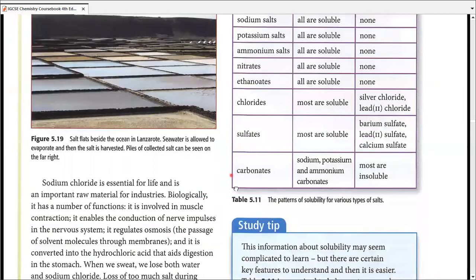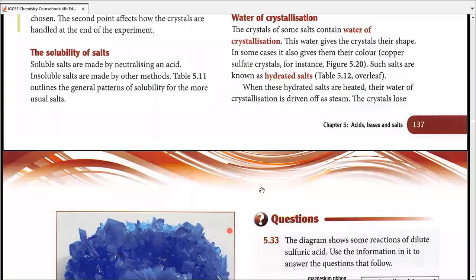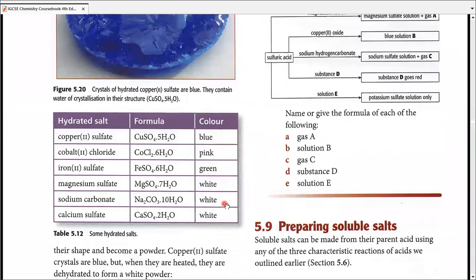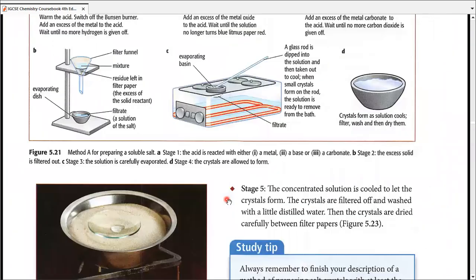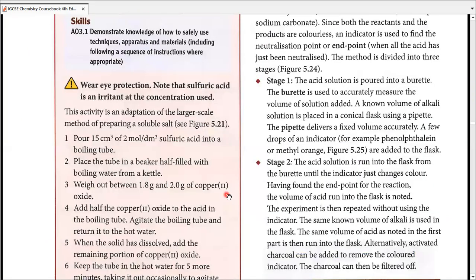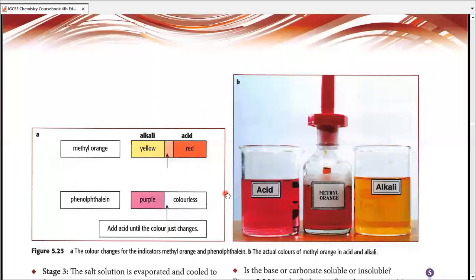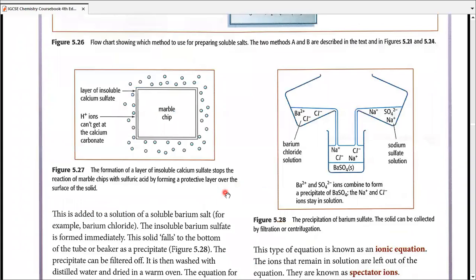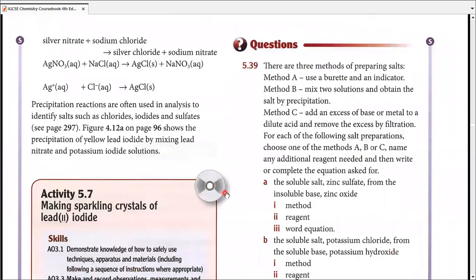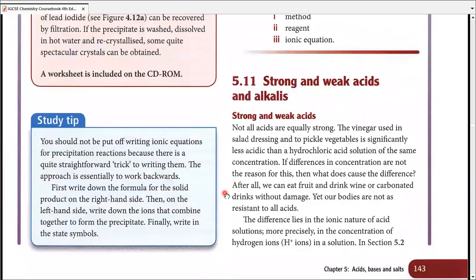So moving back to the precipitation reaction pages, that's all for the precipitation reaction topic. Let's move on. 5.11, last topic, strong and weak acids or strong and weak alkalis.